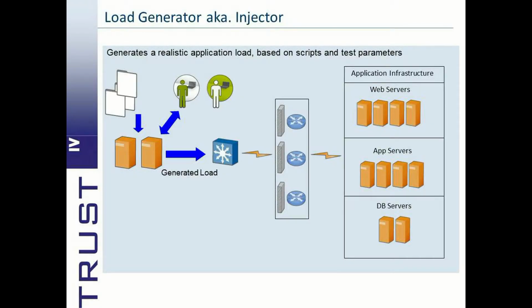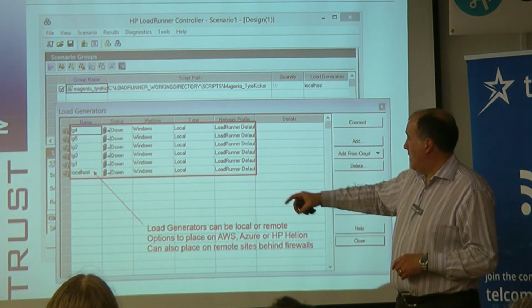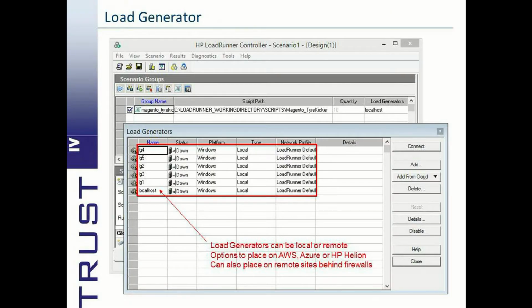When we're talking about load, the load generators, which are these boxes on the left-hand side, effectively take the scripts and pretend to be large numbers of users hitting your application. In applications such as LoadRunner, you typically have a list of these machines. These can be cloud machines, they can be local machines, they can be remote. You can put them all over the place, really.